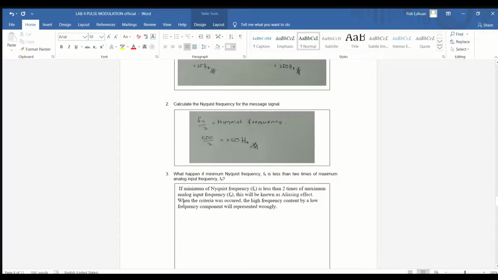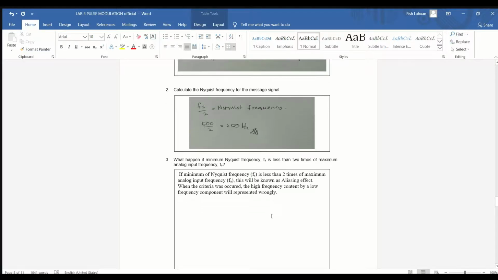And for the second, this is the calculation for Nyquist frequency for the message signal. So Fs is equal to 2Fm, and Fm is equal to Fs over 2. So we have to change the calculation to get this. So we have to put 500 divided by 2, which means this is the total 250 hertz.